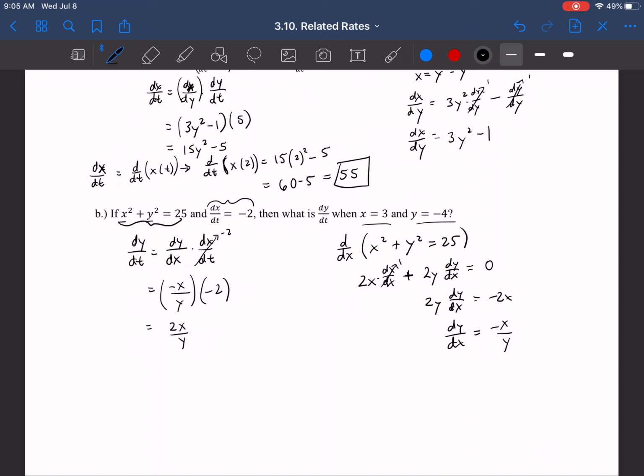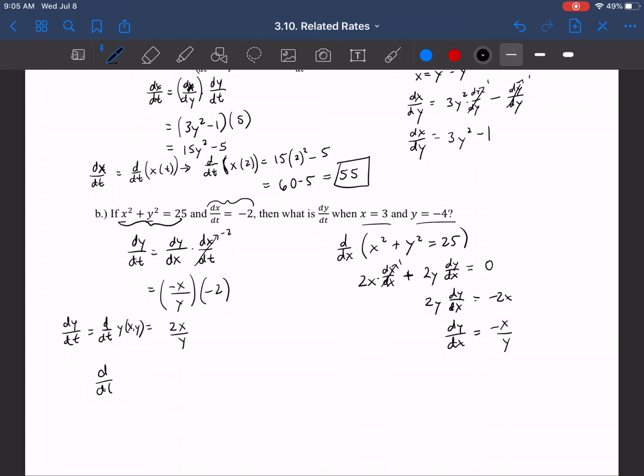y equals 4. Notice this dy/dt is the derivative of a function of y as a function of x and y. There's both x and y in there, so it's a function of both those things, which means we have to plug them both in.